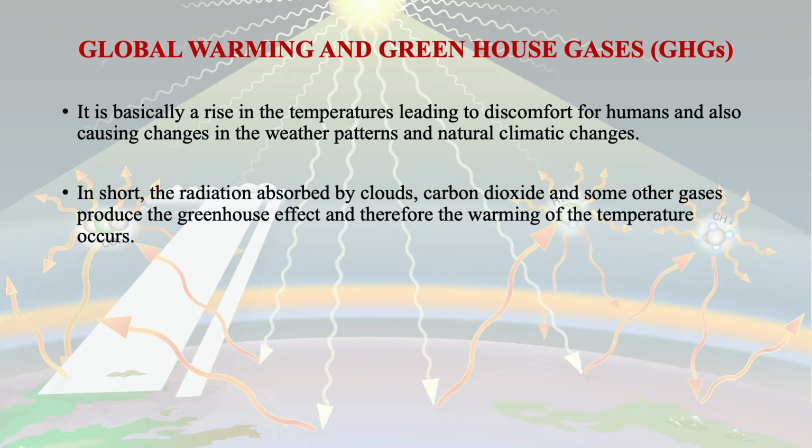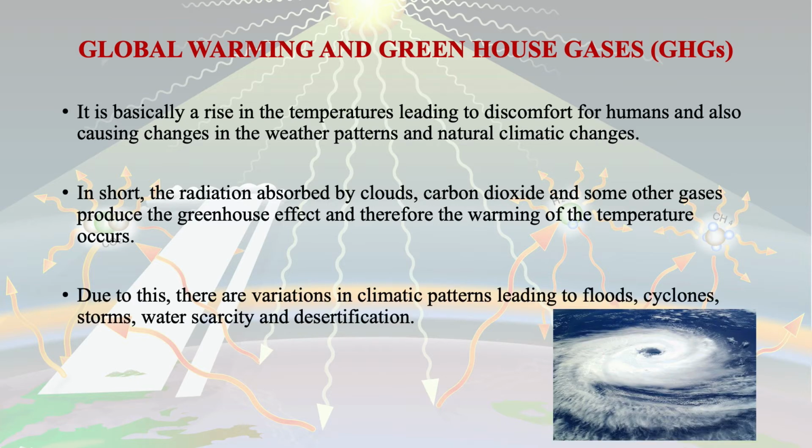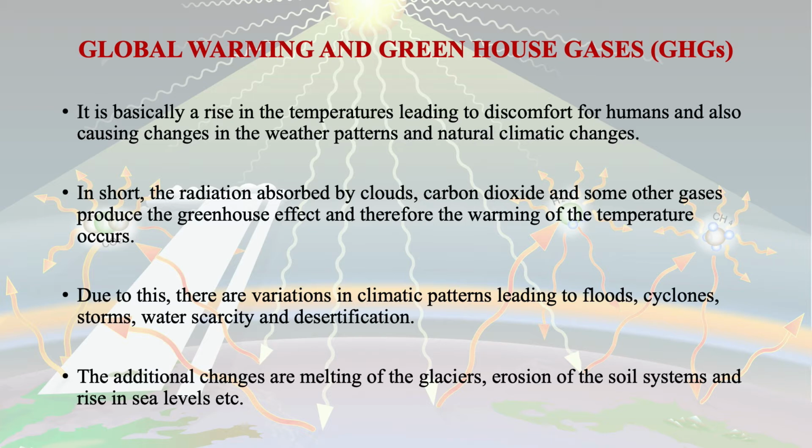In short, the radiation absorbed by clouds, carbon dioxide and some other gases produces the greenhouse effect, and therefore the warming of temperature occurs. Due to this, there are variations in climate patterns leading to floods, cyclones, storms, water scarcity and desertification. The additional changes are melting of the glaciers, erosion of the soil system and rise in the sea levels.